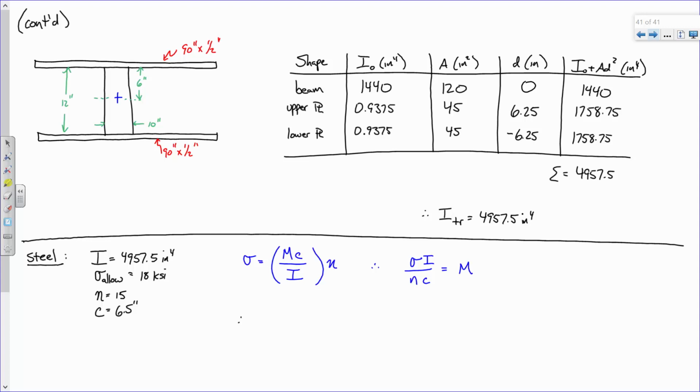So therefore, our bending moment is, let me rewrite it like this: sigma allowable times I divided by N times C. So that is 18 KSI times 4957.5 inches to the fourth, divided by 15 times 6.5 inches. What does that come out to be?